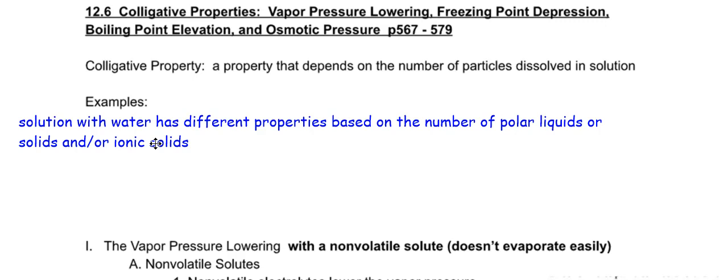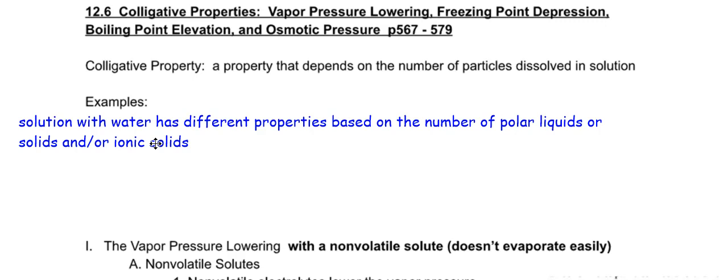Polar liquids. Why? Because nonpolar would not dissolve, would they? So you could put polar liquids, such as maybe ethanol in water or vinegar in water. Or you could have polar solids, let's say like sugars, things like that. Citric acid would dissolve in water as well. And or ionic solids like sodium chloride and calcium chloride, things like that.